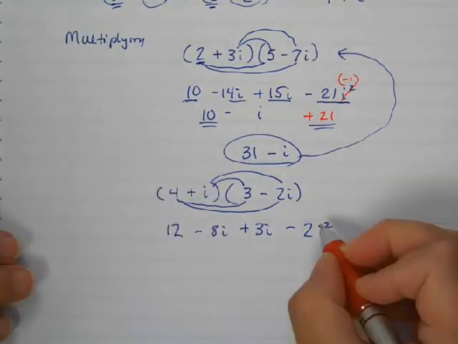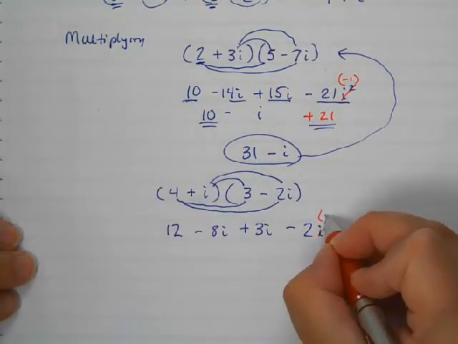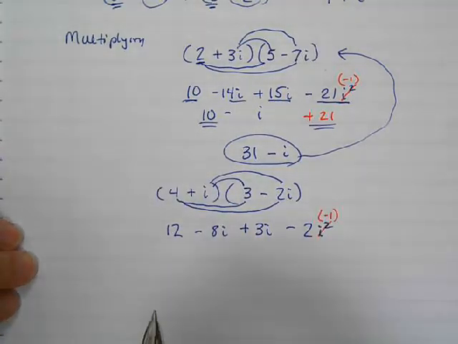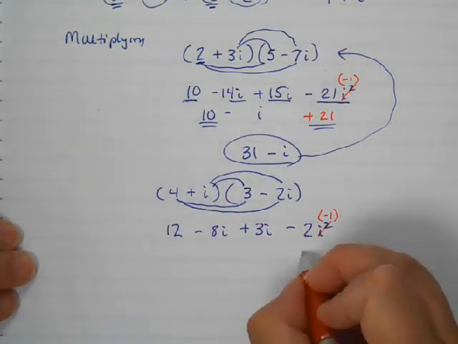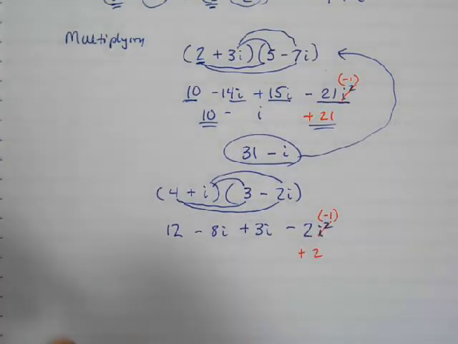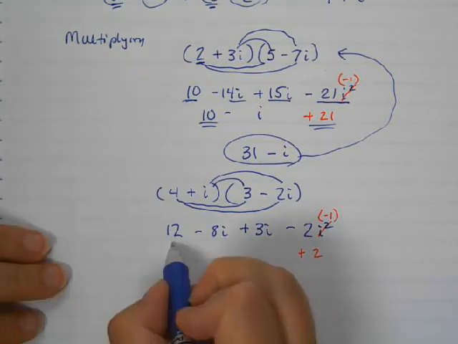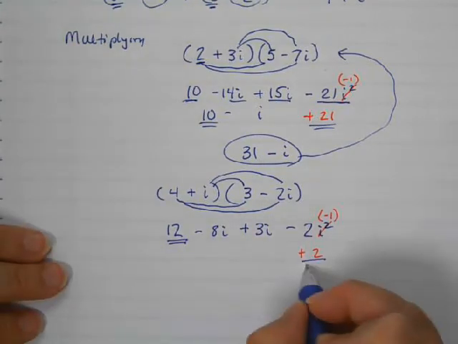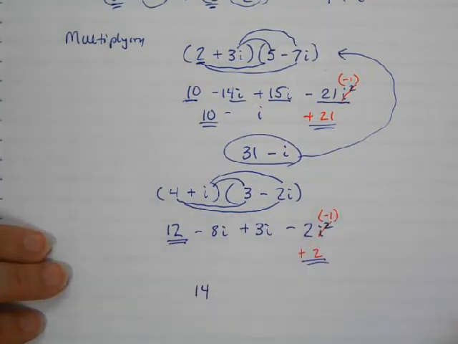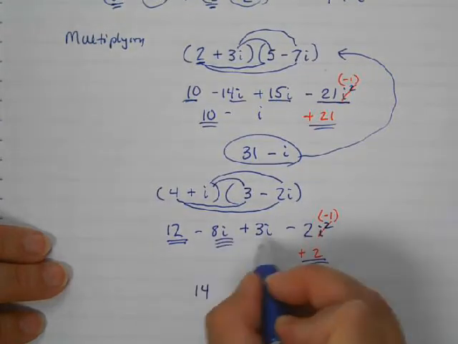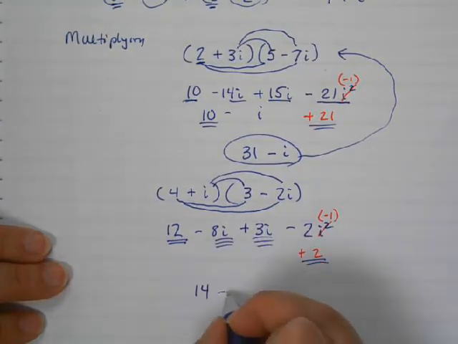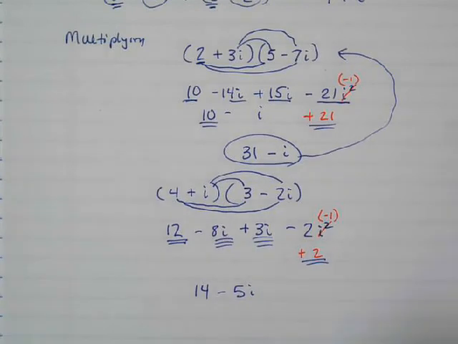But i squared really means negative 1. So this negative 2 actually turns into positive 2. So when I put my like terms together, I have 12 and positive 2, which is 14. And then negative 8i and positive 3i is negative 5i.